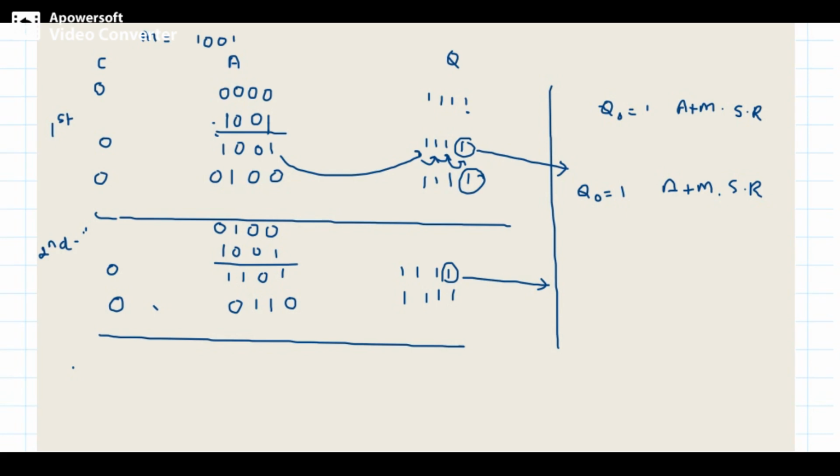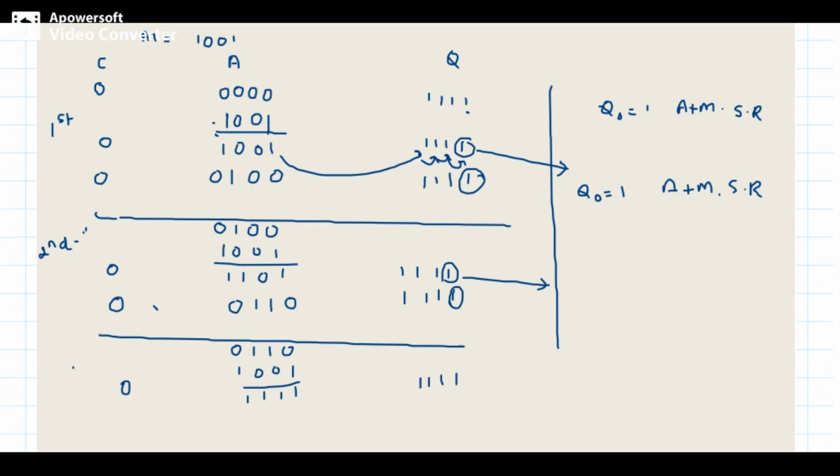So once again check the Q naught bit. Since Q naught is 1, we have to perform A plus M. I will write A as it is, that is 0 1 1 0, plus M, which is 1 0 0 1. So we get 1 1 1 1, carry is 0, and this is 1 1 1 1. Now we have to shift it right by 1 position.